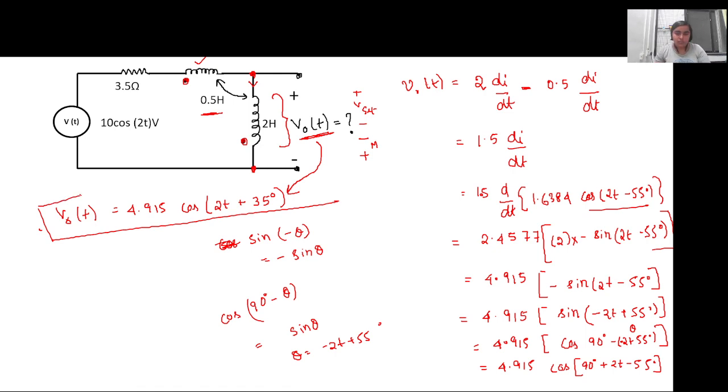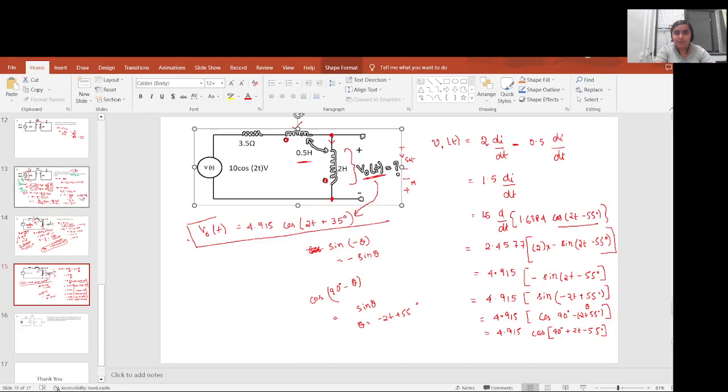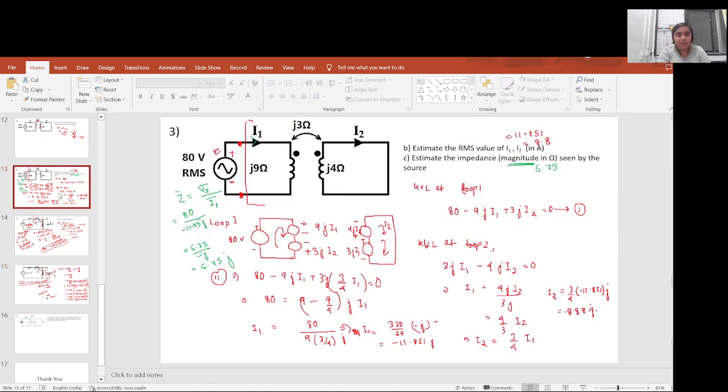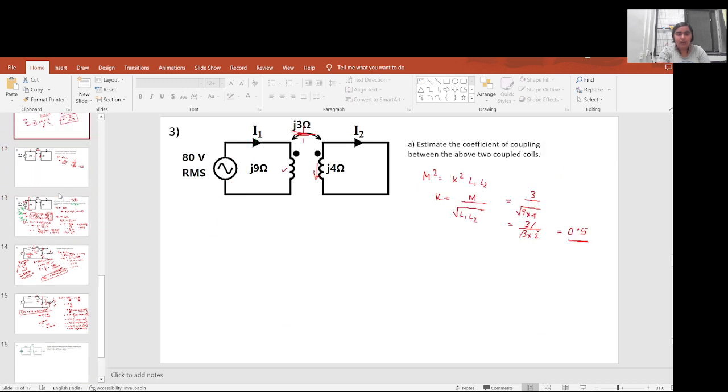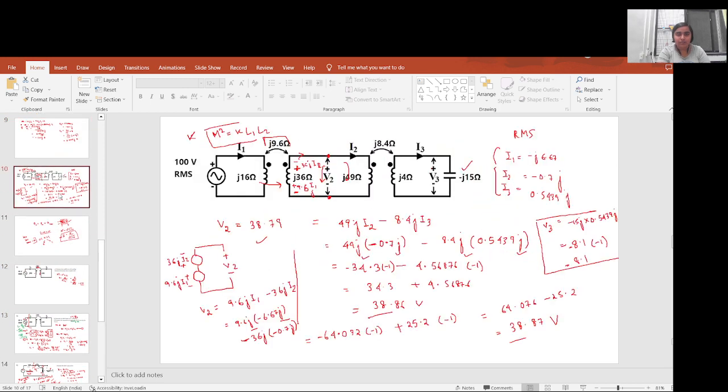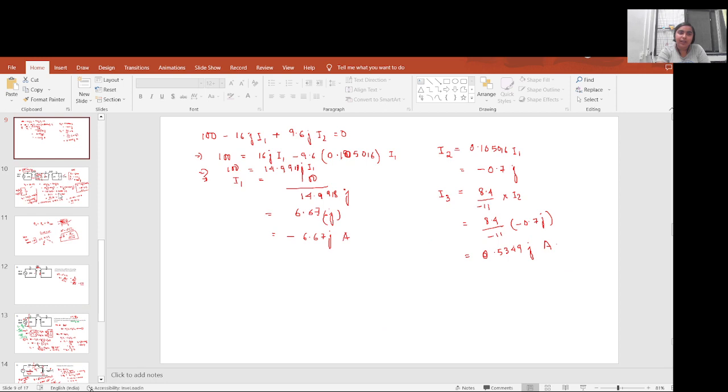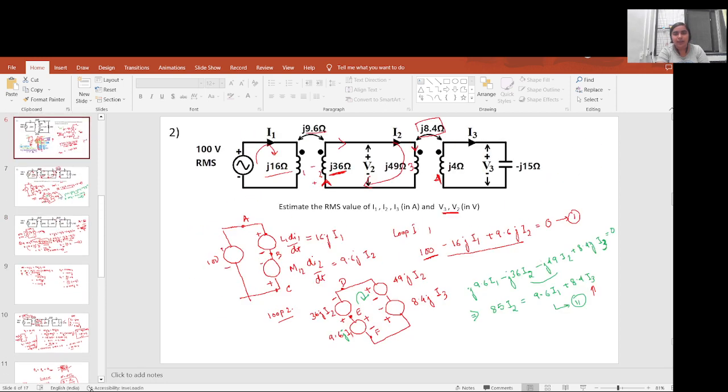So this brings us to the end of this lecture. If you have any specific doubt, you can ask. Otherwise we can wrap it up for today. In this assignment, you will either be given a circuit that has a primary and secondary winding, or different loops, or it may be connected in series or in parallel.